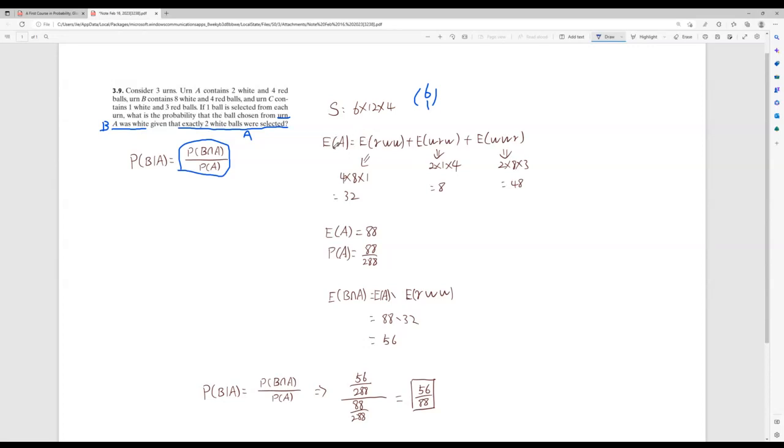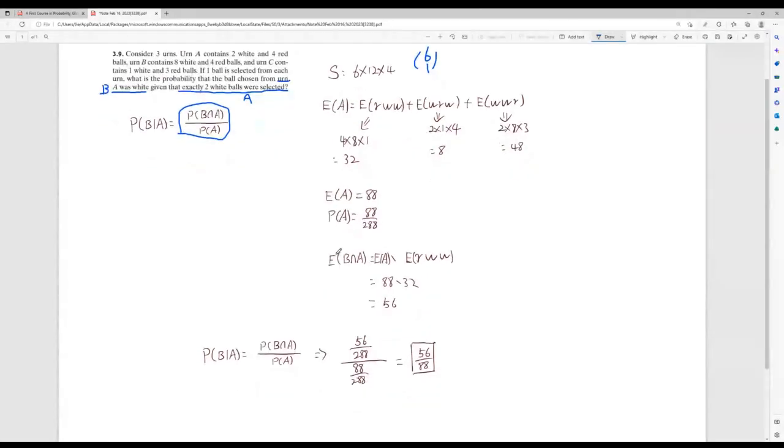And then for the event of A, we have 3 cases. The first case would be red, white, white, and then white, red, white, and then white, white, red. Then we have a total 88 cases out of 288.